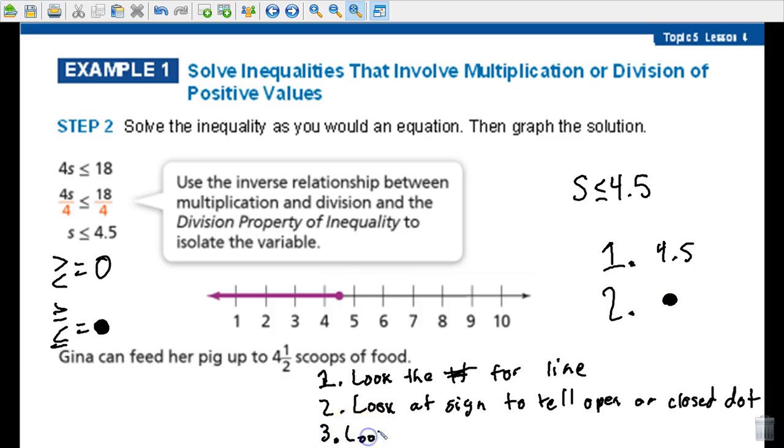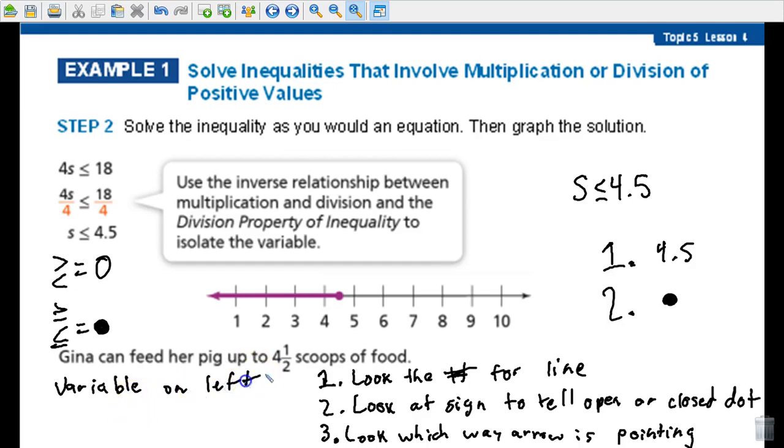And then number 3, look which way the arrow is pointing. Variable on left, follow arrow.